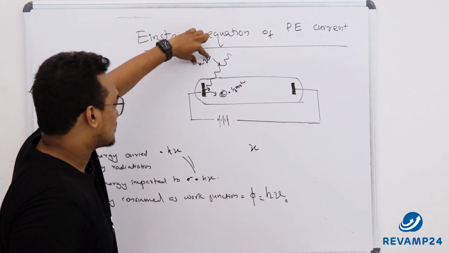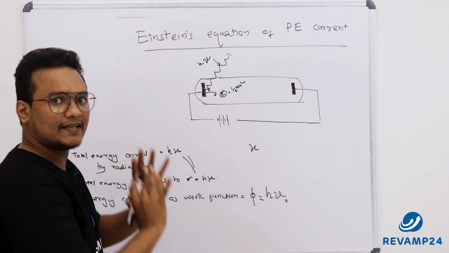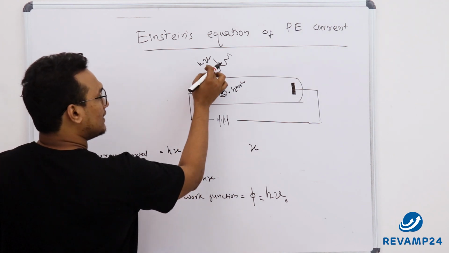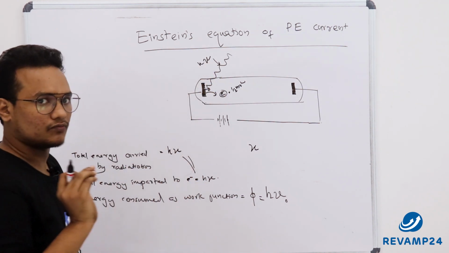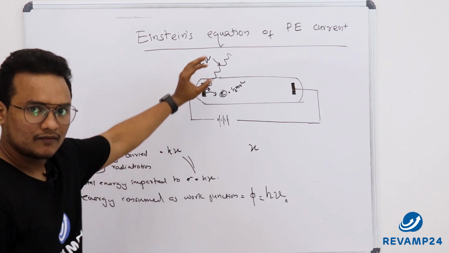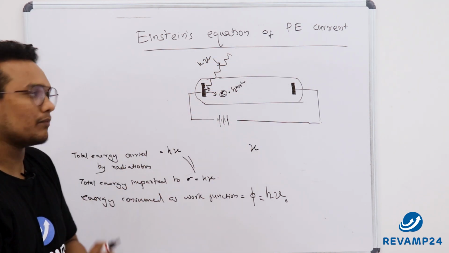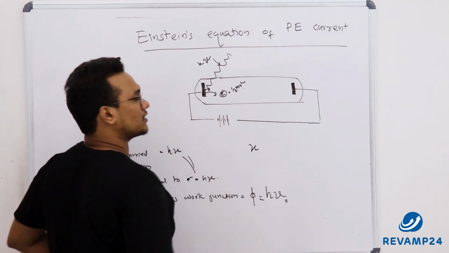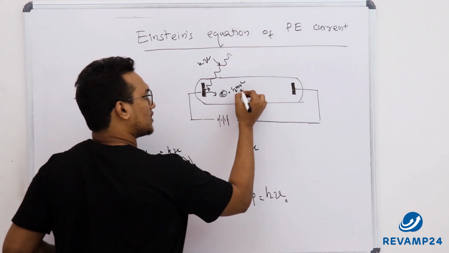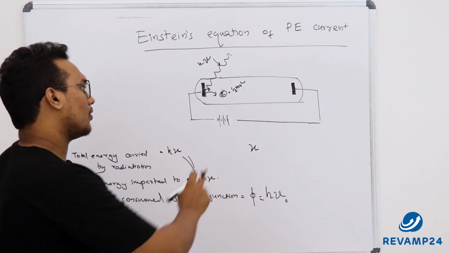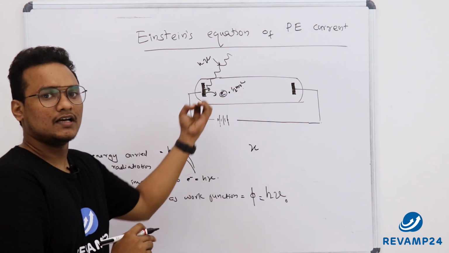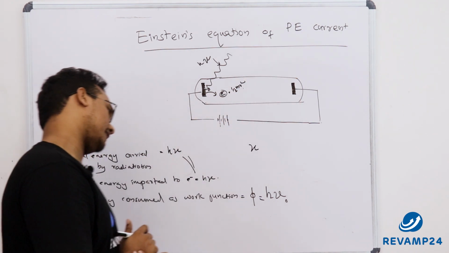Out of h nu, phi is used as work function and the remaining is given as kinetic energy. The higher the remainder, the higher the velocity of the moving electron. The mass of the electron is fixed, only the velocity can change, so it adjusts its kinetic energy.